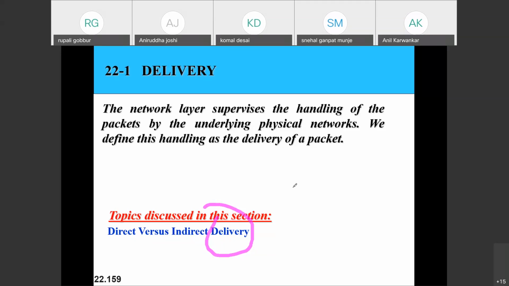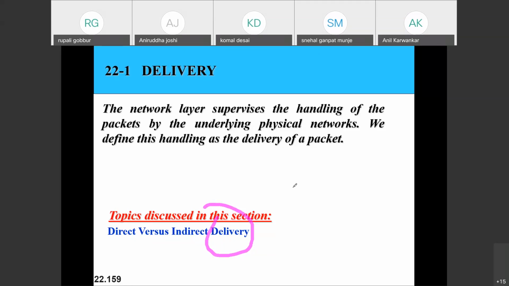By utilizing the subnet mask which is configured for both source and destination, the source can identify whether this particular IP address is part of the same network or of a different network.